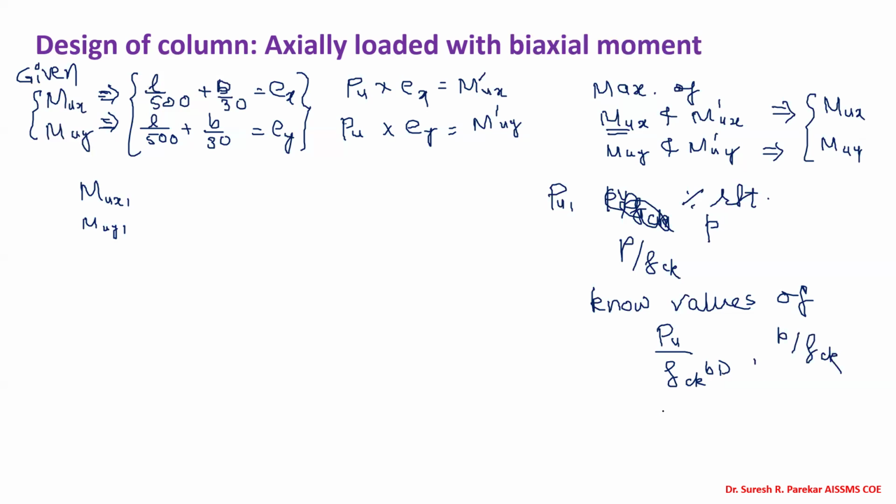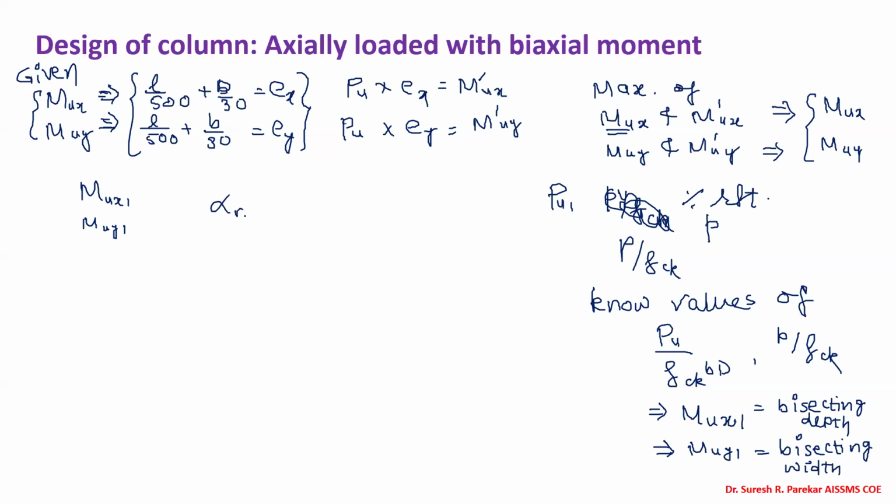From this you have to find Mux1 and then Muy1, by bisecting the depth, so that B equals D, and bisecting the width. From this we find Mux1 and Muy1.